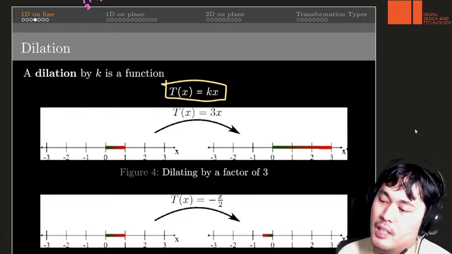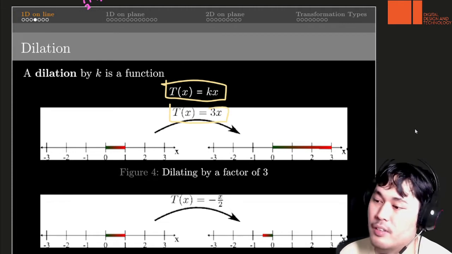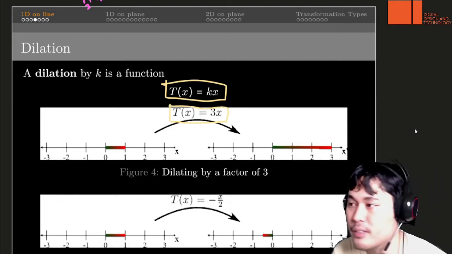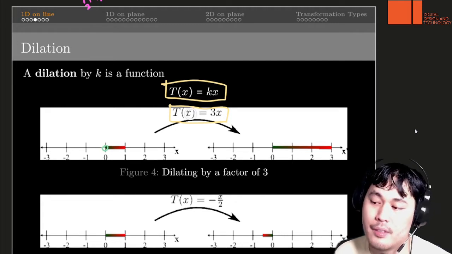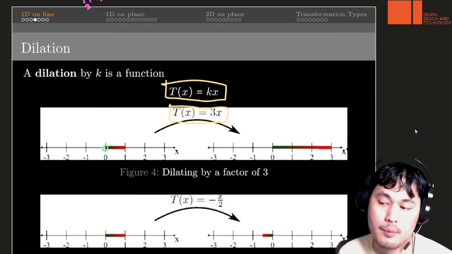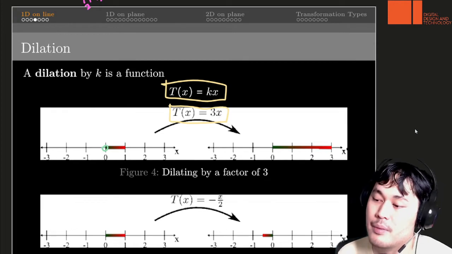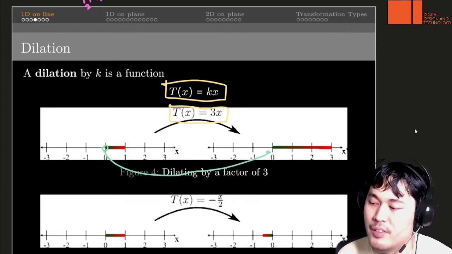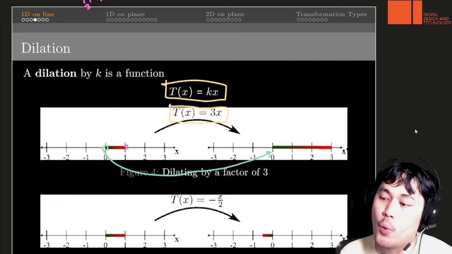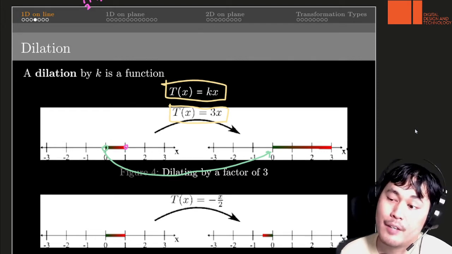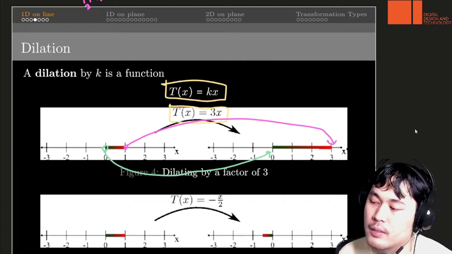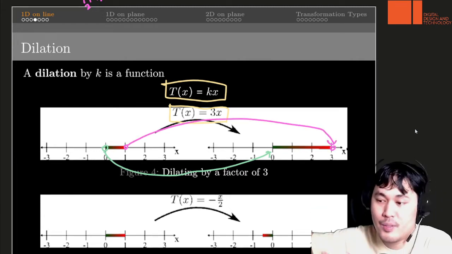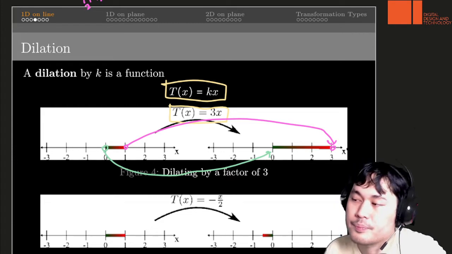So for instance, if you consider the transformation T(x) equals 3 times x, and the point 0, if x is 0, then the transformation gives 3 times 0, which is of course 0. That point hasn't changed. But if x is 1, then after the dilation, after you multiply, you get 3, which is further away from 0.